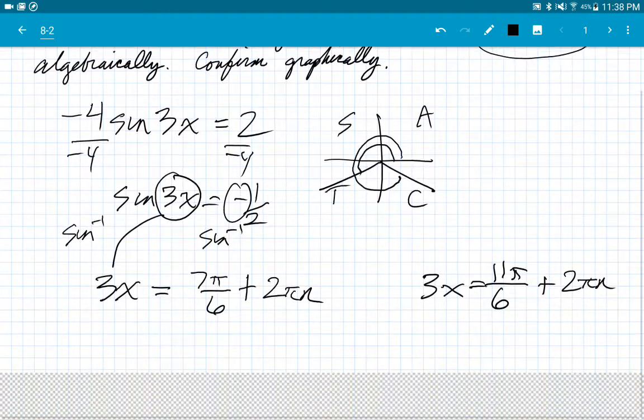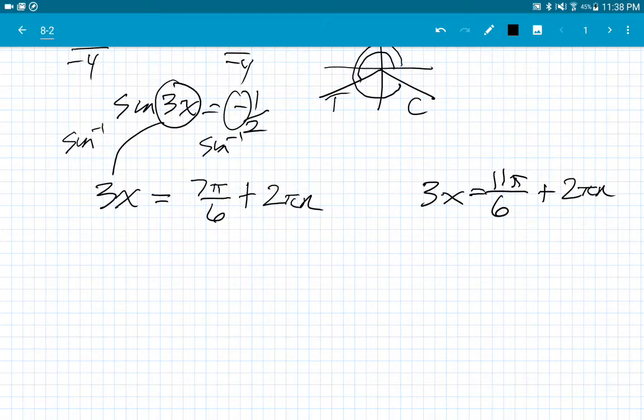Okay, so now that we have this equation, we need to solve for x by itself. How do you get x by itself? Well, you need to divide everything by 3, which is the same thing as multiplying everything by 1/3. If you multiply the left side by 1/3, you also need to multiply the right side by 1/3.